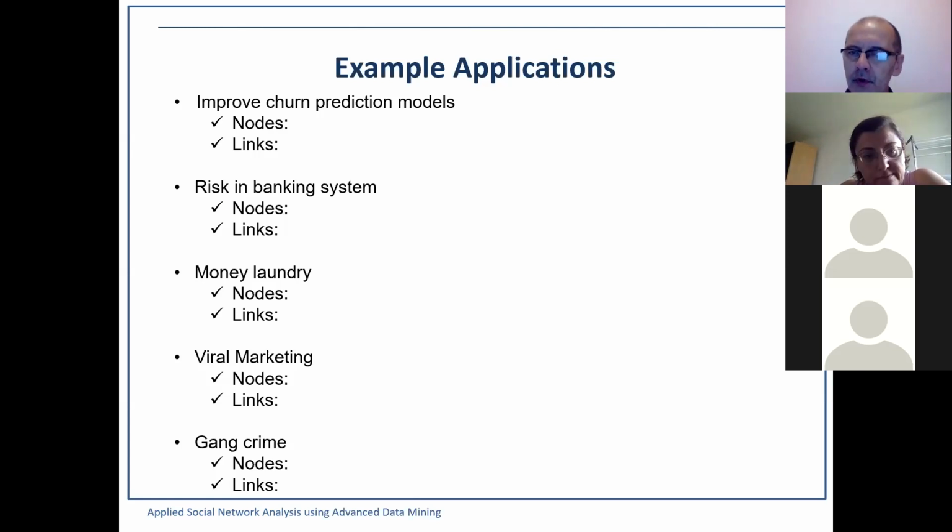The social network kind of propagates the intention of some people. Did you get the idea? So a telco provider is concerned about churn. There are traditional data mining models for churn prediction using just individual data. You can improve those models by establishing and analyzing a social network, which is built using customers as nodes and phone calls among customers as links.